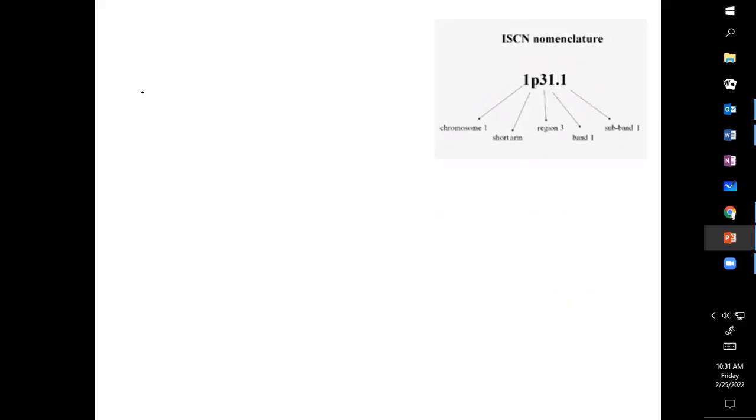So that's how we define a locus, but how do we define a karyotype? That complete chromosomal composition also has nomenclature. Remember, karyotype indicates the total chromosomal composition in an individual.